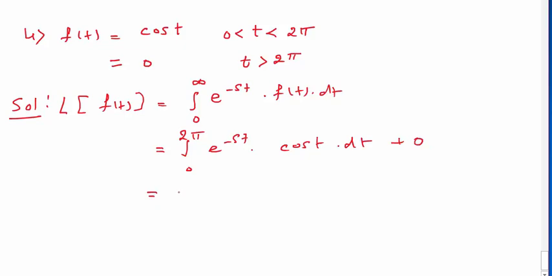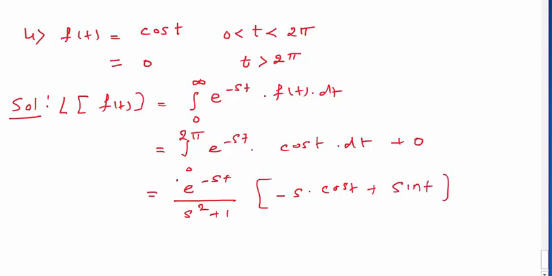Again we know the formula, it is e raised to minus st. Always when e power and cos is there, upon s square plus 1, in bracket we will write minus s into cos t plus sin t, and the limit we have to put is 0 to 2 pi.